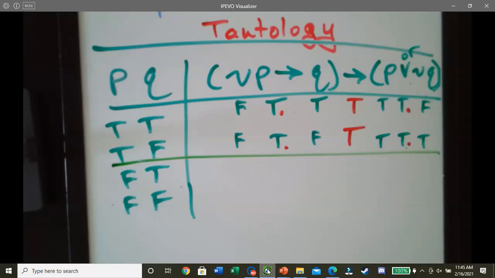So you're saying true, if true, then true would be true, right? So you're always comparing this with this. Okay? And that's your final answer right there. Good.